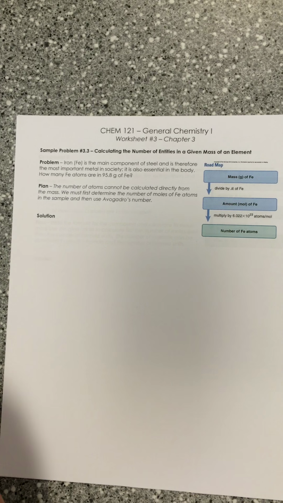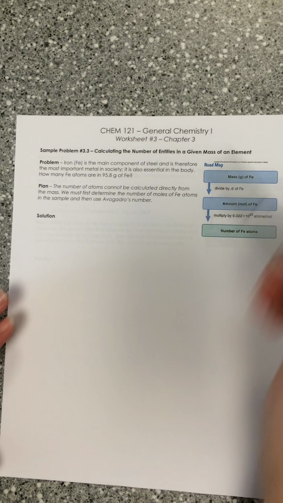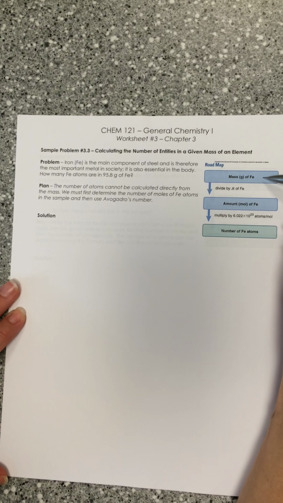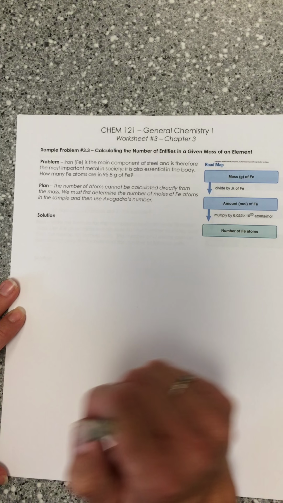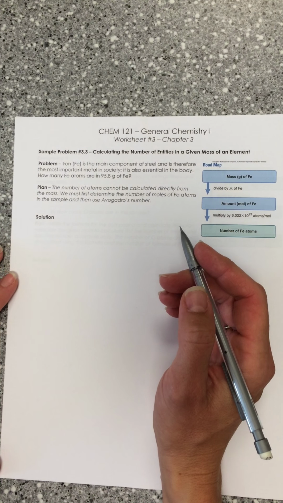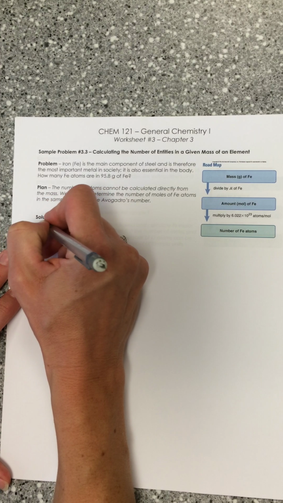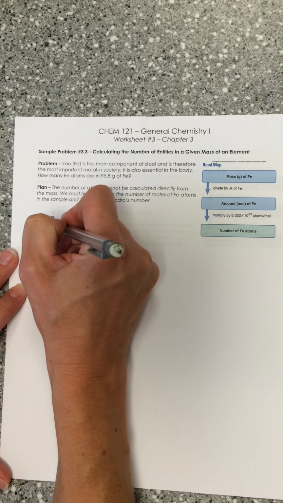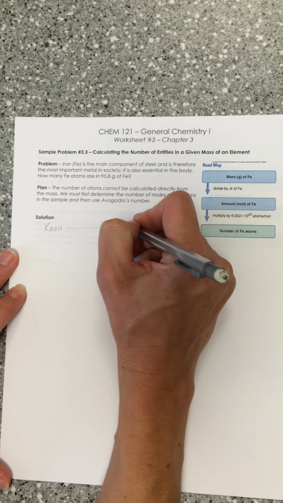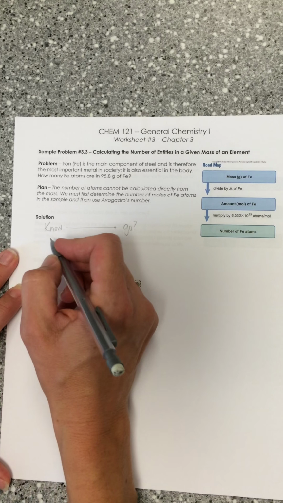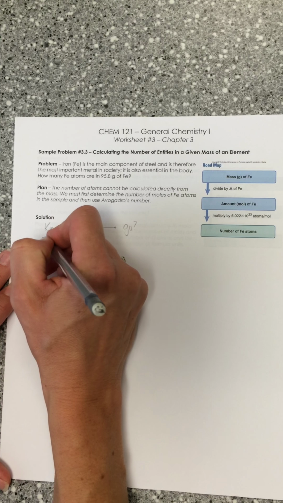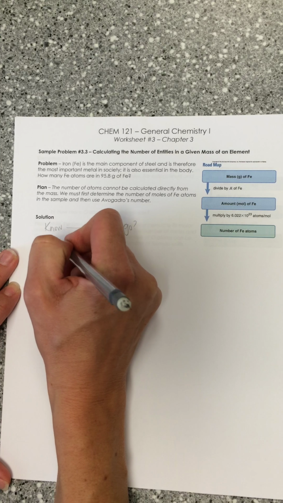So we have to walk between the information that's given to us, the mass of the substance, and the number of atoms. I like to often write down solutions to problems by starting by saying, what's the information that we know, and then where do we want to go? And for this problem, we know that we have 95.8 grams of iron.